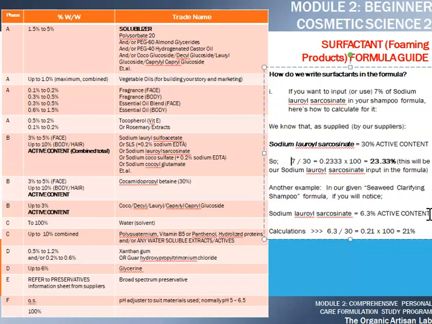Remember, 30% active content is what we have in our supplied sodium lauryl sarcosinate. So 7 divided by 30 will equal 0.23333, and the threes go on. Then you multiply by 100, which will give you 23.33%. So this will be our sodium lauryl sarcosinate input in the formula.